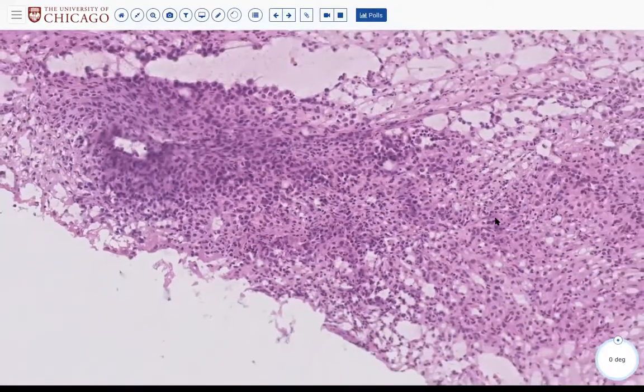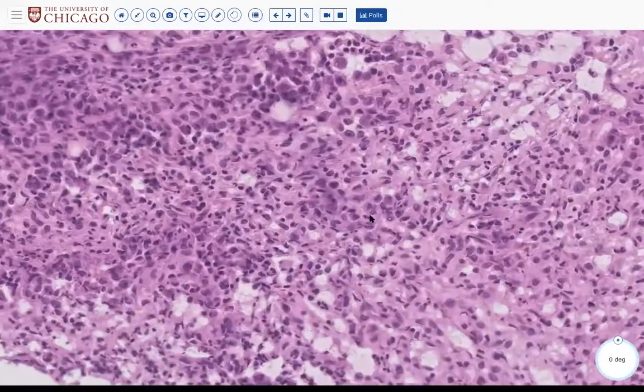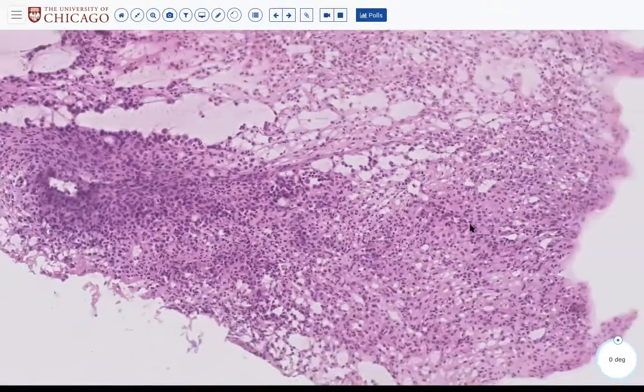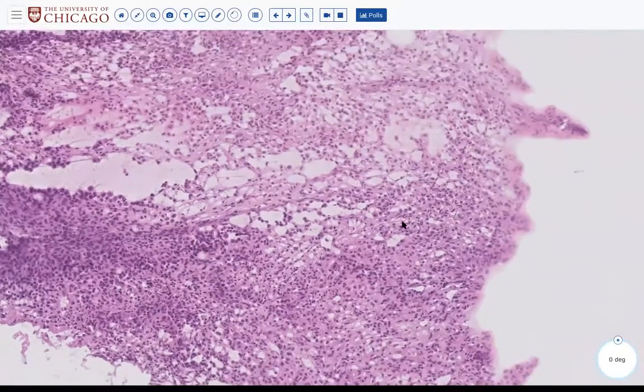Lesional or not lesional, first of all? Lesional. What might the lesional cells be? Or at least what is their appearance?